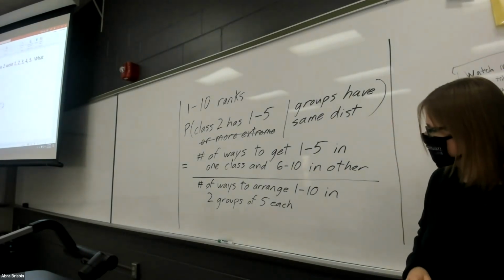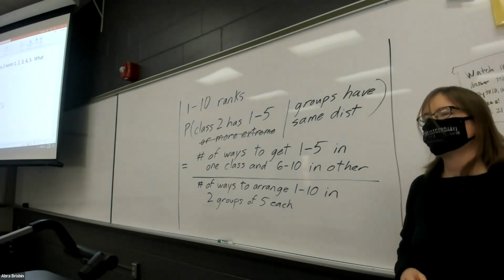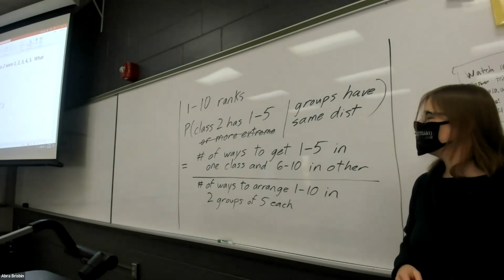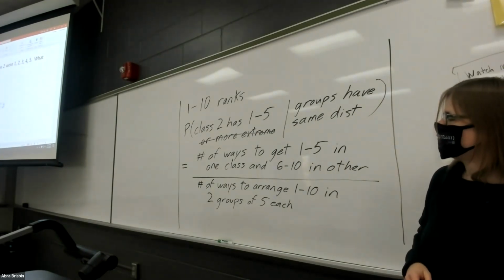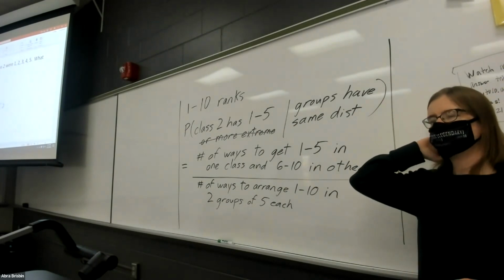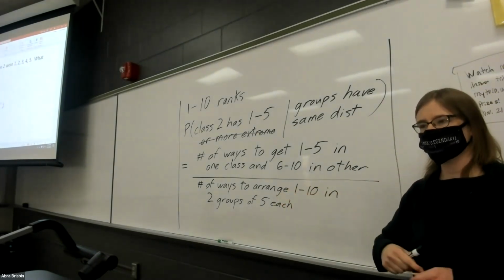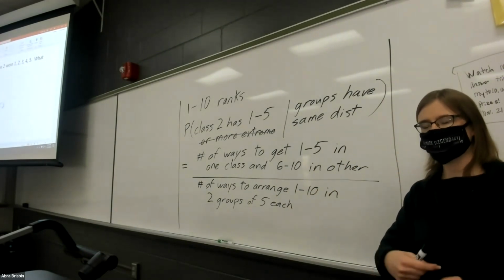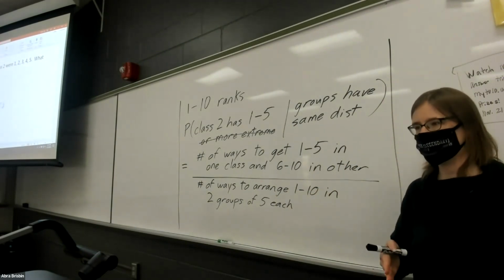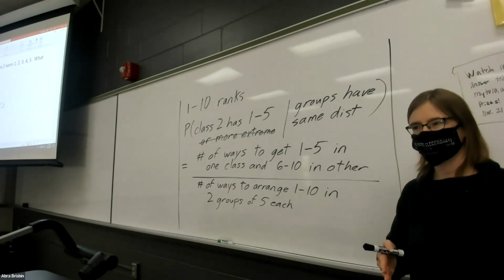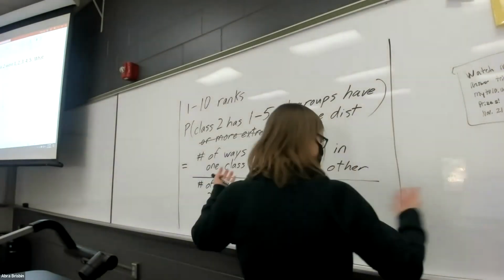And then maybe let's think about just having class 1 be before class 2. So we're just dealing out 10 cards in order and then putting a dividing line between them.